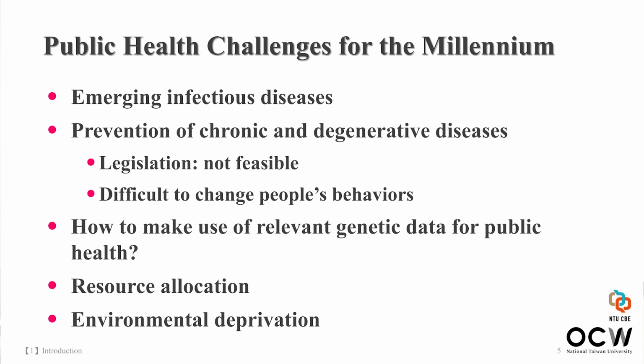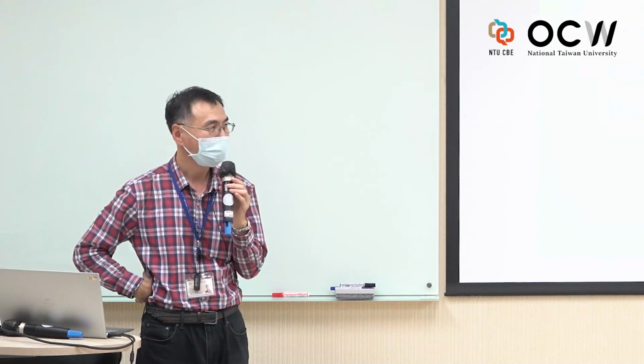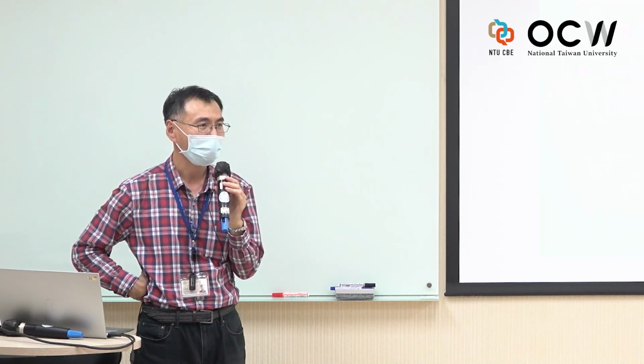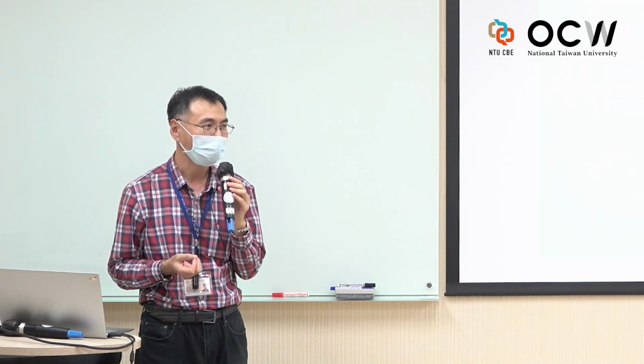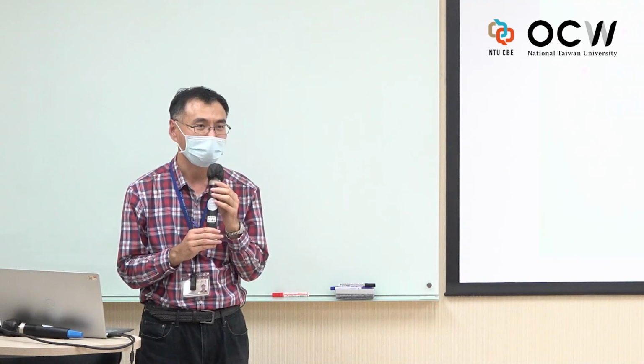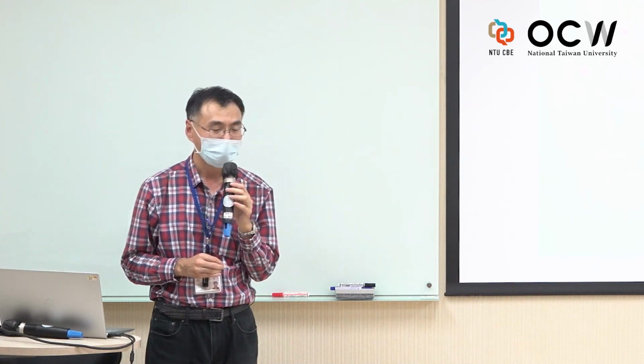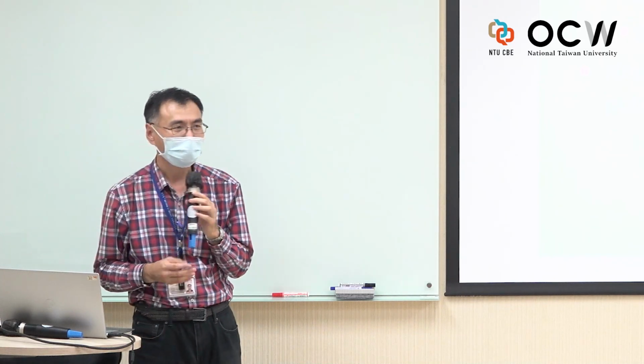It's an issue under debate for a long, long time, because if we know more about genetic characteristics for certain diseases, it might increase the possibility or the strength of discrimination against people with certain genetic characteristics, right? And also there are some legal issues.